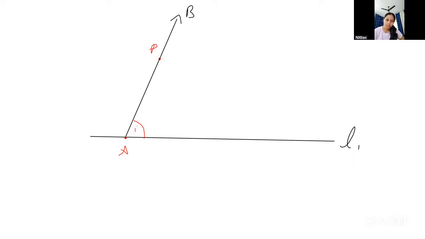We will cut an arc at PB. Put your compass on P and cut the line from here like this. Name this point C.